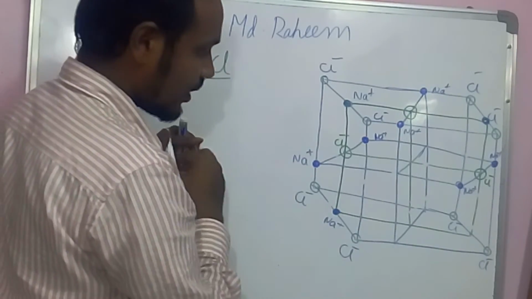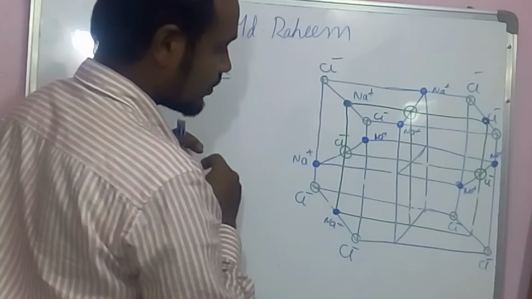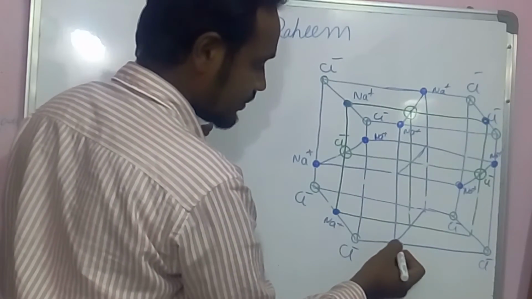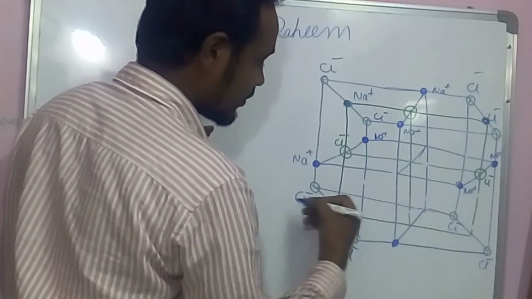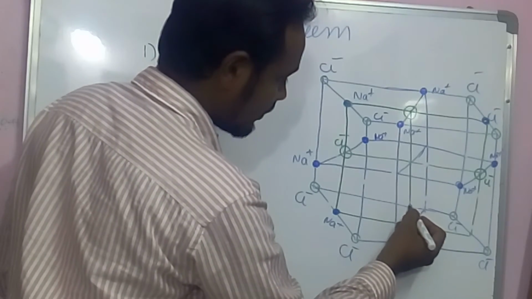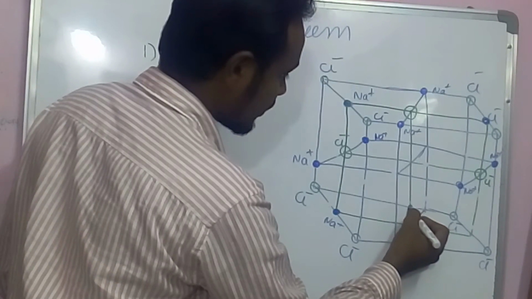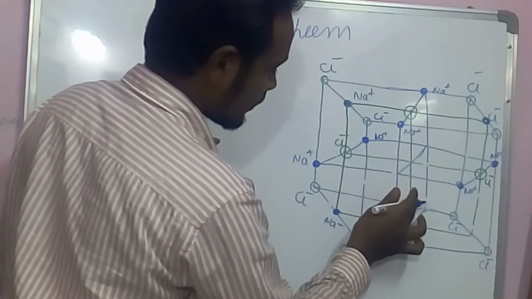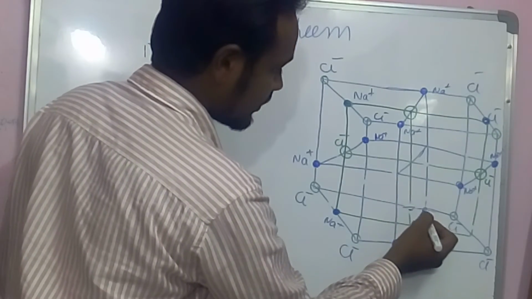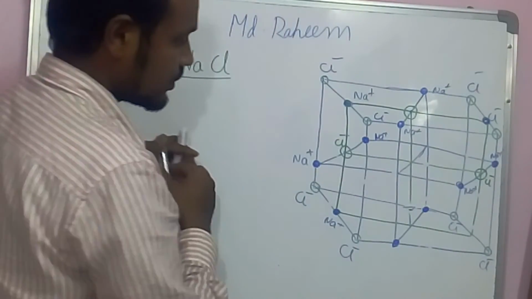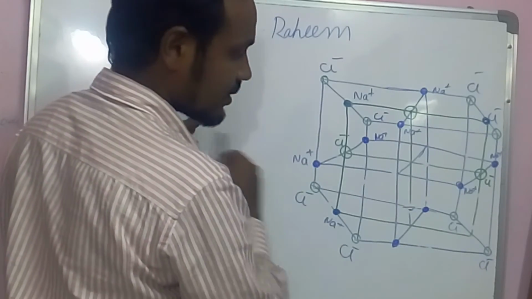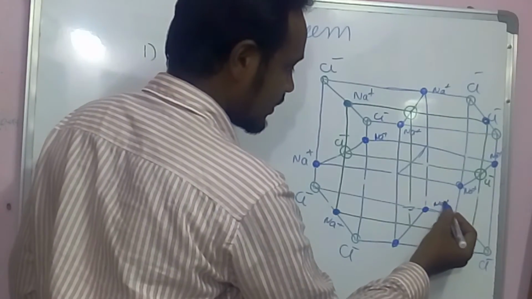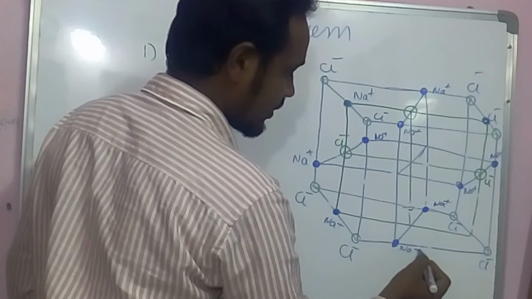Clear? Now empty atoms are there. We have to place empty atoms in between the filled atoms. So these are the empty atoms we have, in between the filled Na plus atoms. Now I am placing here, exactly this one. So this is the Na plus. Now I am indicating with Na plus and Na plus, right here.